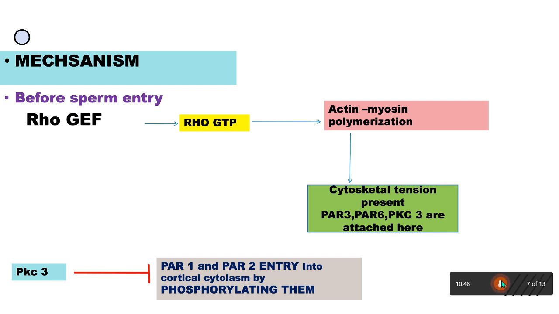Moreover, PKC3 in the cortical cytoplasm inhibits the entry of PAR1 and PAR2 into the cortical cytoplasm. How? It's a kinase enzyme. By phosphorylating PAR1 and PAR2, it restricts their entry into the cortical cytoplasm and keeps them in the clear cytoplasm. So this is the mechanism before sperm entry.